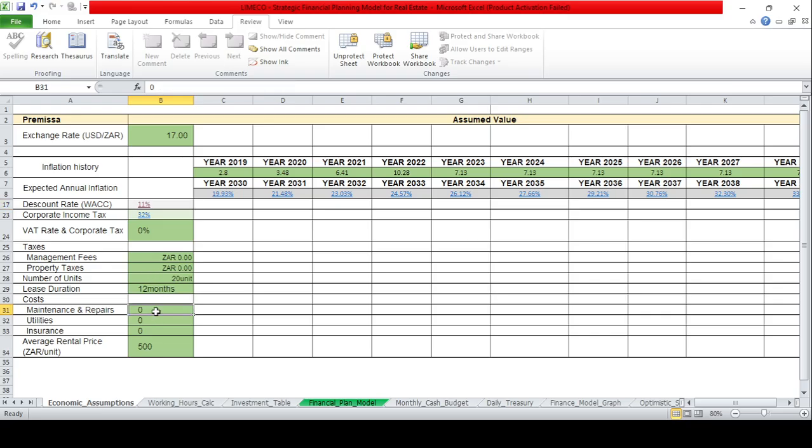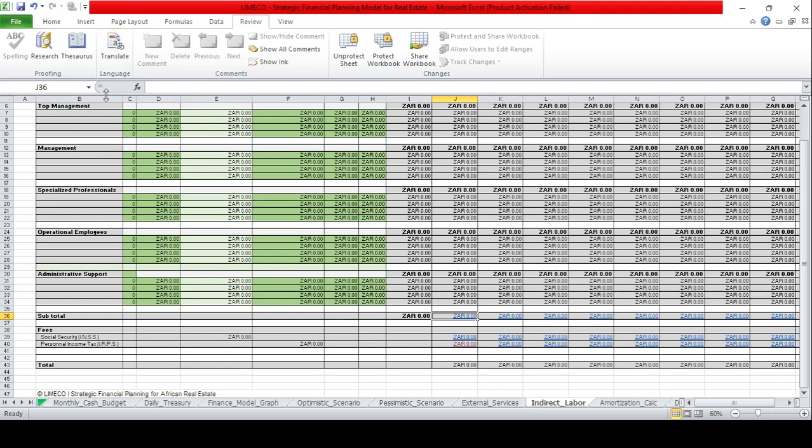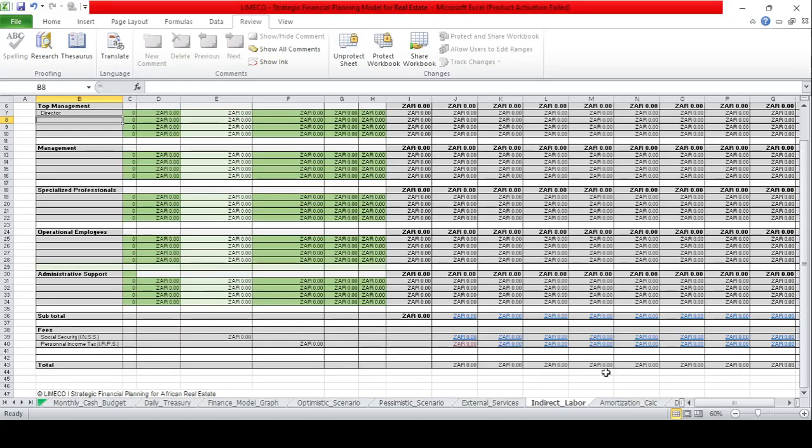Let's put 300 rands, and we need the indirect labor. For example, there is one director. Let me check it. We need one director. Gain 600 rands.